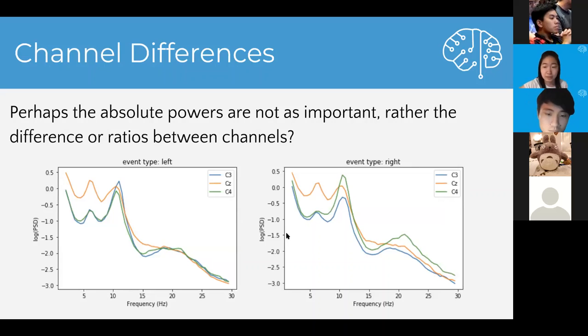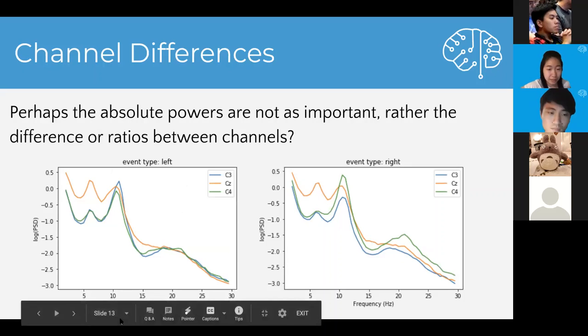Okay, so moving on from band ratios, we have another idea where we can take the channel differences. And this can be interesting because, as we saw before, the difference between C3 and C4 in, say, a power range can be interesting to look at.